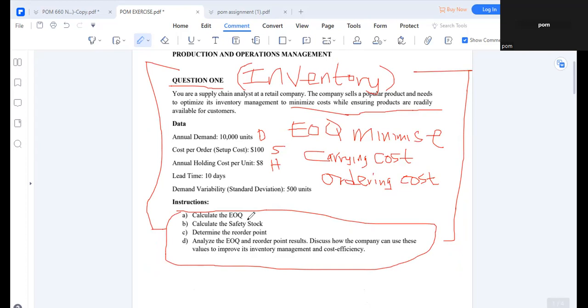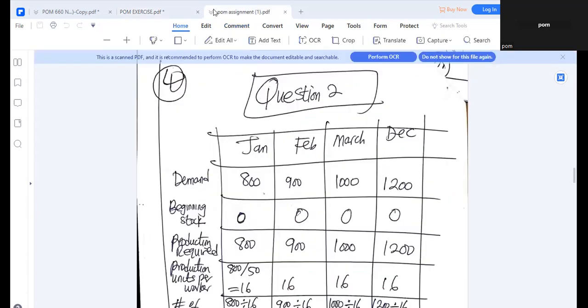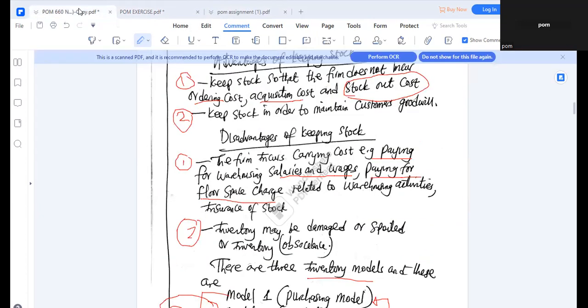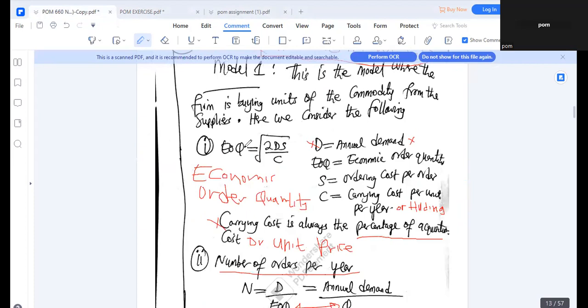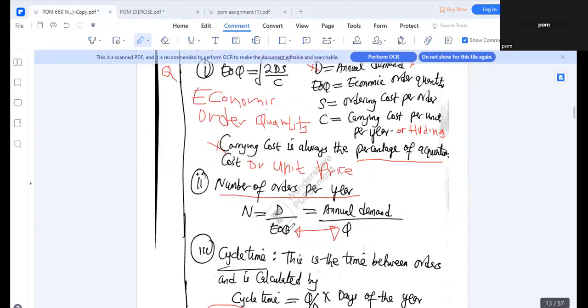Now, when the EOQ is wrong, it may affect almost every other question coming. So the most important thing is to get the economic order quantity correct, because it will affect the other questions coming down. If the EOQ, which is Q, is wrong, we are going to use the wrong EOQ in finding the number of orders.